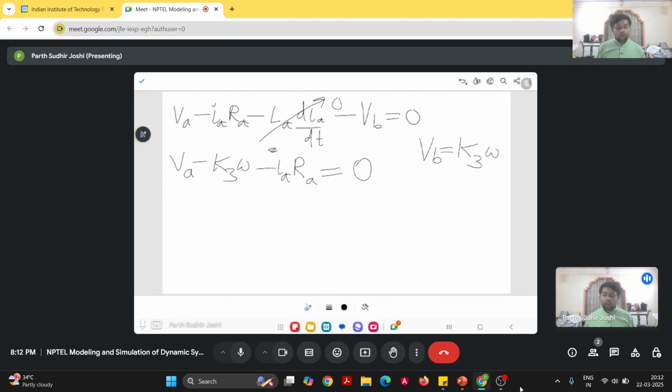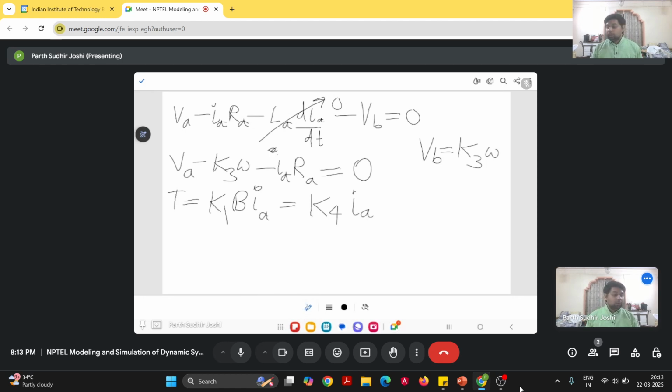And now for the torque, we have derived that the torque is some K1 into B into the armature current. For the armature controlled case, since the field current is constant, the magnetic field is also constant, so we can write it as some K4 into the armature current. Now we can write down the differential equation for the rotor of the electric motor.